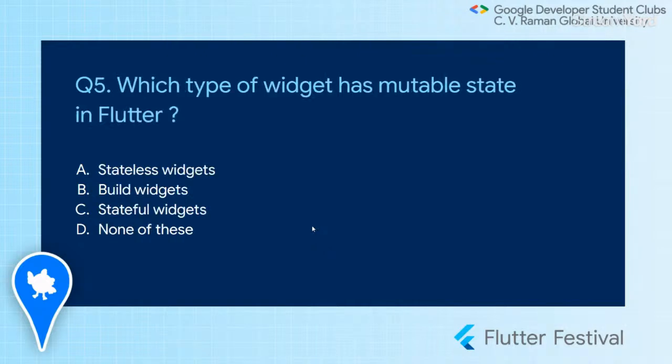Okay, so it's 7:45. Time for next question. Which type of widget has mutable state in Flutter? You can guess through the state word, and mutable is anything that is changeable.